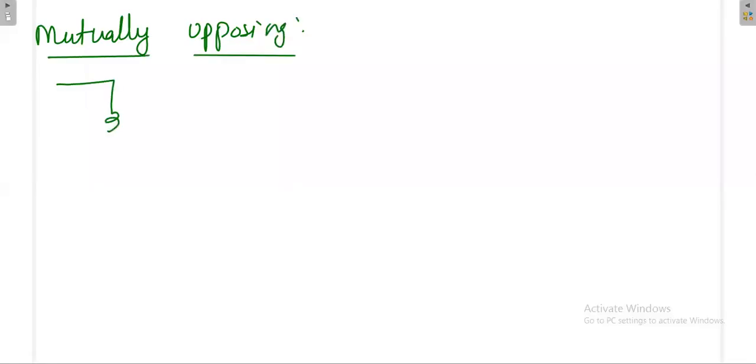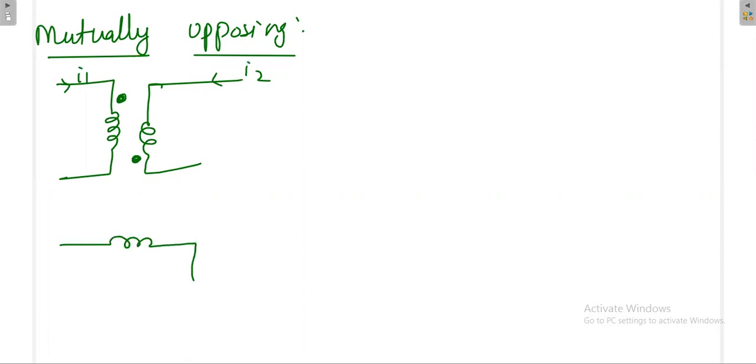If one dot is here and the other dot is here, then this is mutually opposing. This is I1, this is I2. Then you can write this one. The structure remains same, but the values differ a little bit.